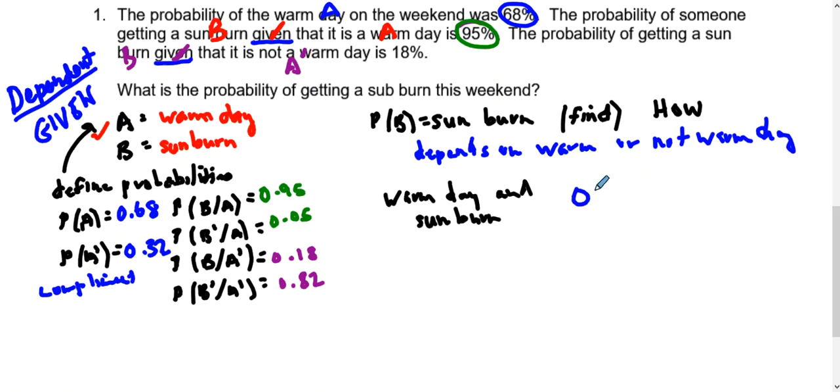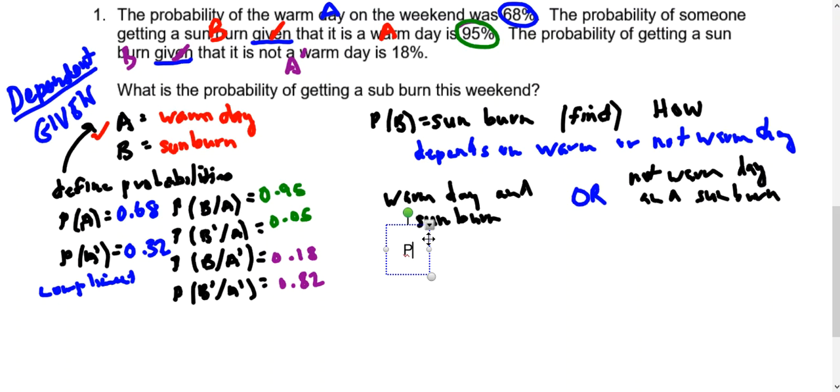Or not warm day and sunburn. All right. So what we're actually going to do, and I'm going to type this out by hand here.